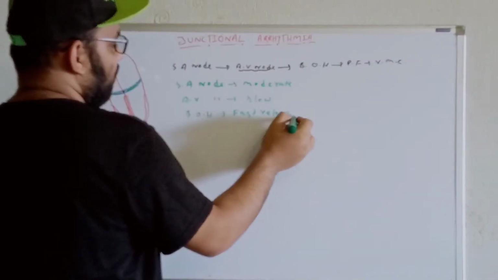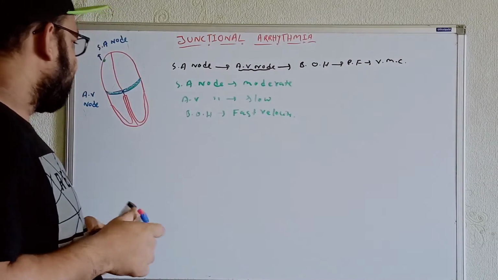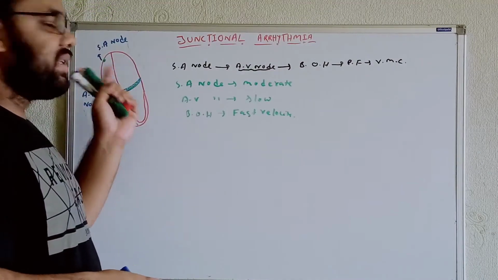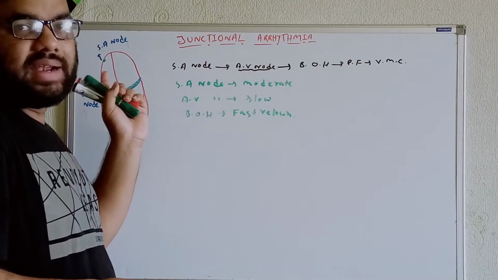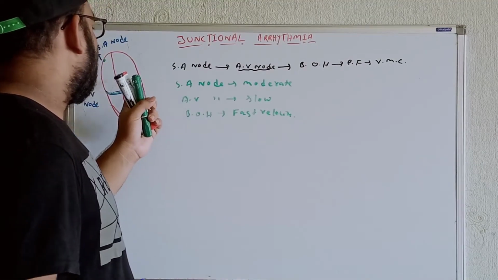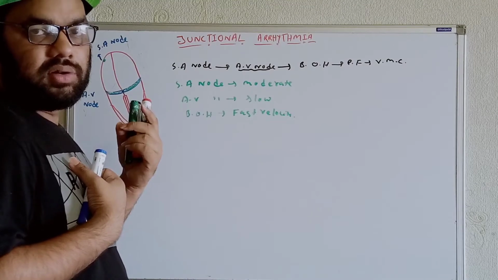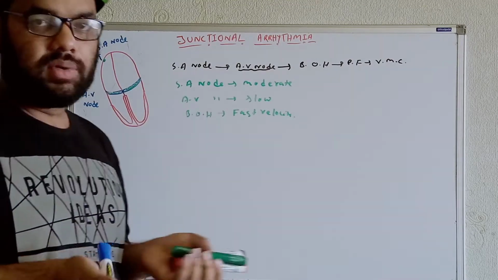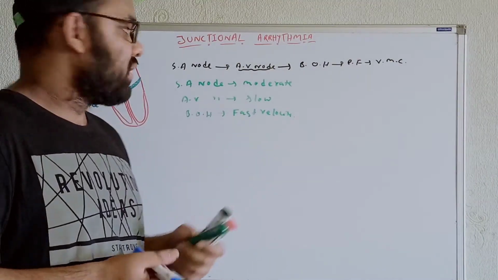Now why is the velocity within the AV node slow? Try to understand: whenever the electrical impulse comes from the SA node to the AV node, at that time the atria just start contracting. After the atrial contraction is completed, there will be onset of ventricular contraction.